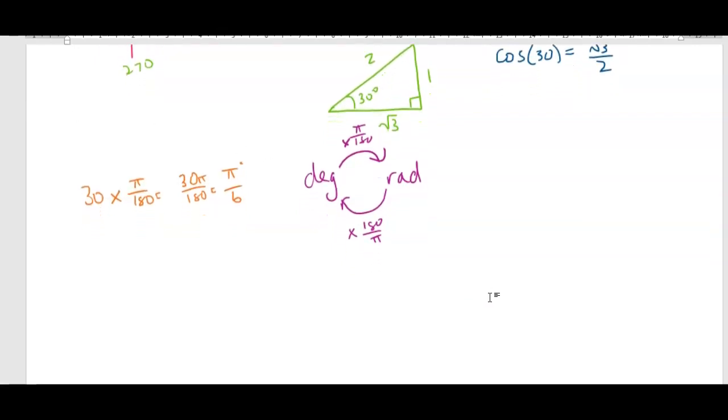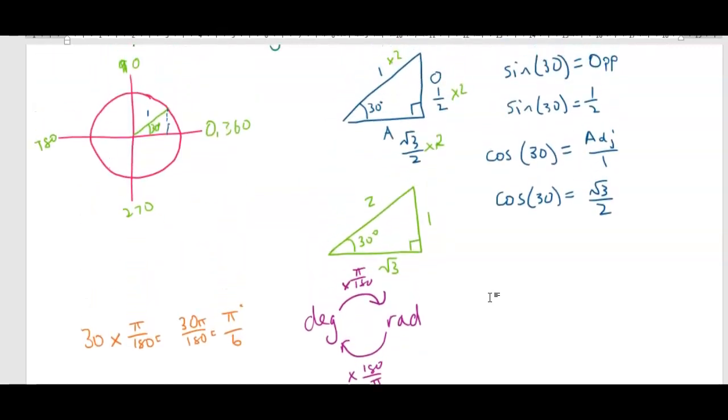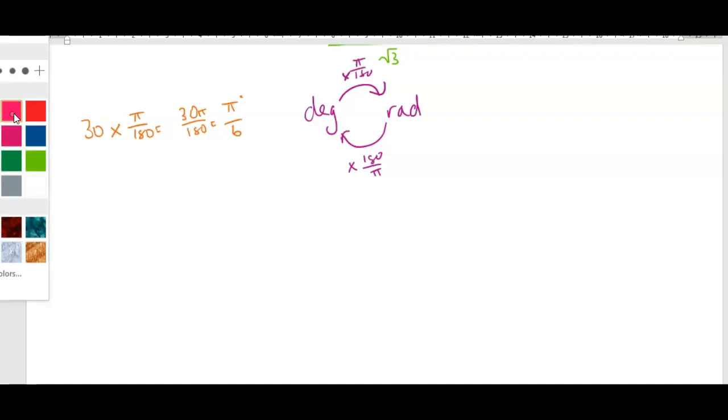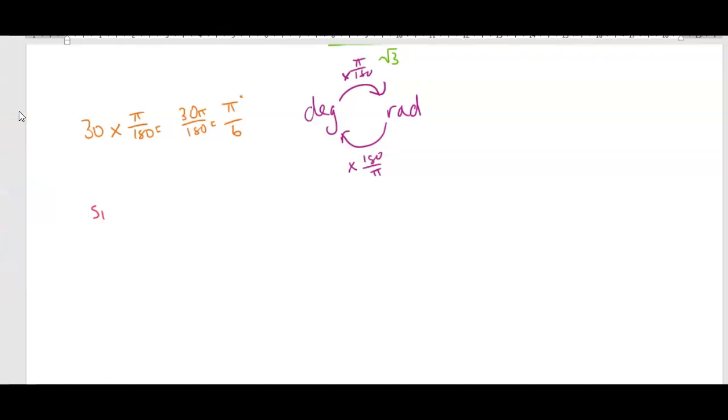All right, so we've already done sine 30 and cos 30. So I know that sine 30 is equal to a half and cos 30 is equal to root 3 on 2.